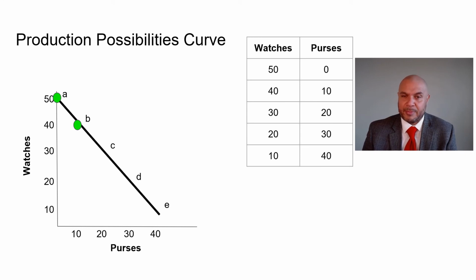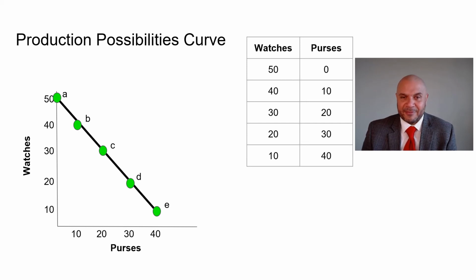That's represented by point B. Suppose I want to make 30 watches and 20 purses. That's represented by point C. The next point, point D, represents 20 watches and 30 purses. And as follows, the last point, point E, represents 10 watches and 40 purses.